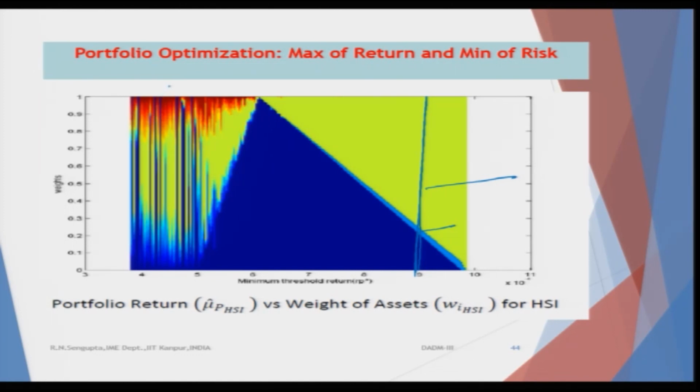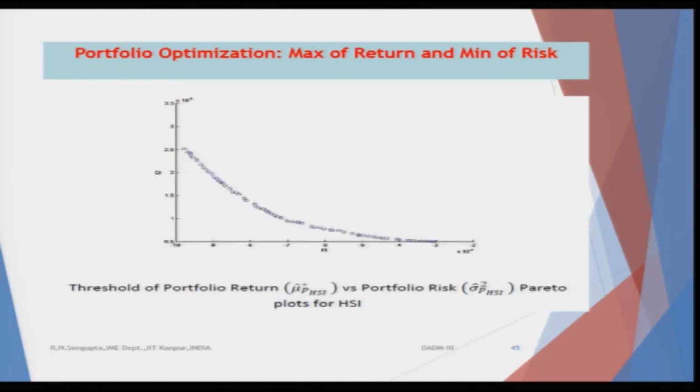If I consider any value here, there are different color combinations, it is very difficult to see, I understand. So, there are many more stocks which are basically being utilized to formulate that portfolio, which is the optimum one.